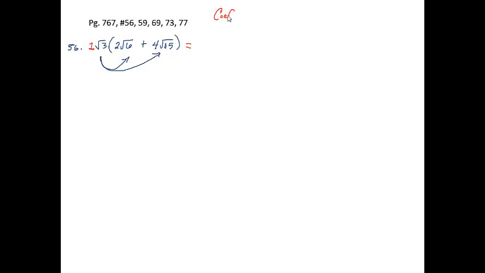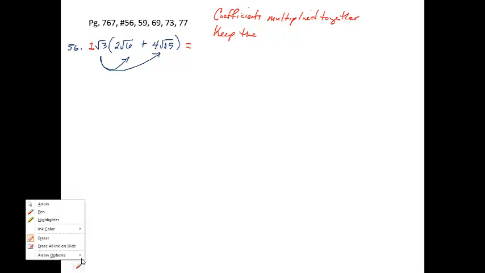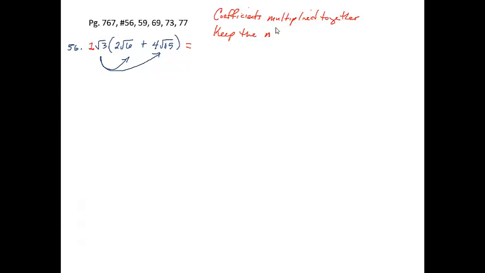So remember, it's coefficient times coefficient. So coefficients multiplied together. Keep the root. And I guess I should say keep the nth root, whatever it may be, and multiply the insides together.